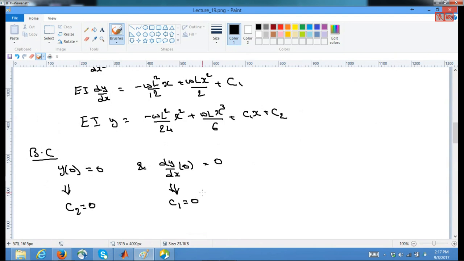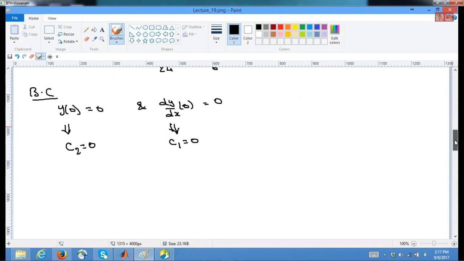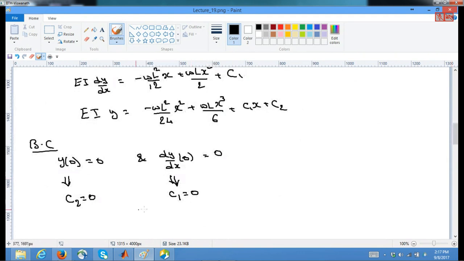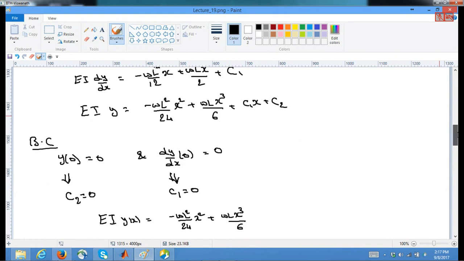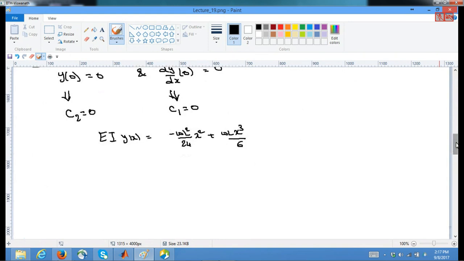Fortunately both constants of integration turned out to be 0, so our final expression for the elastic curve is given by this.